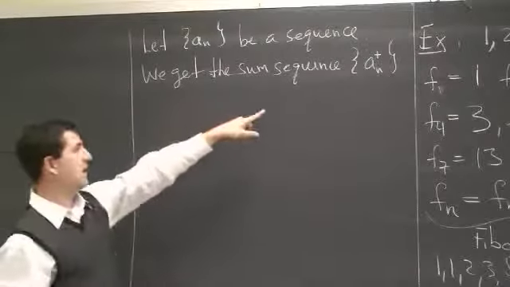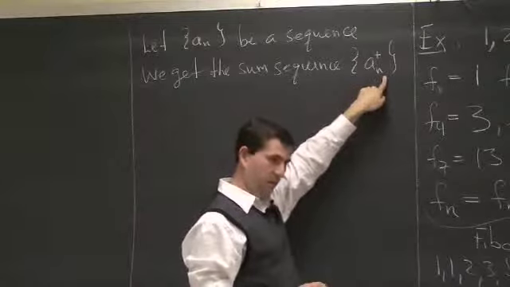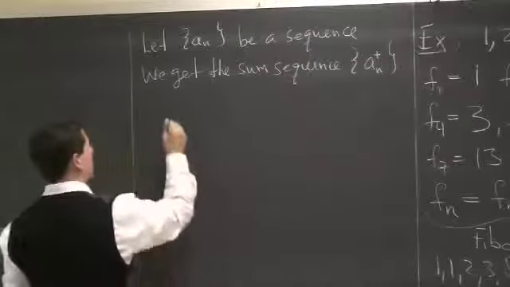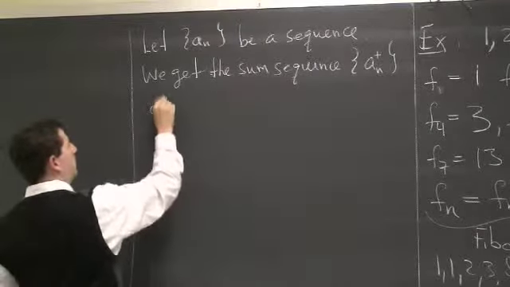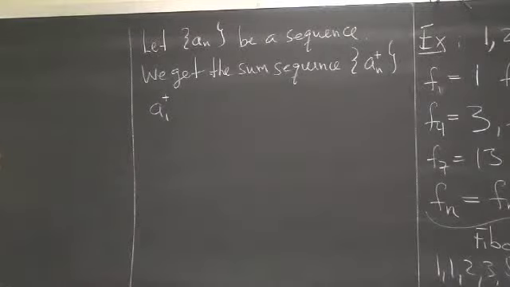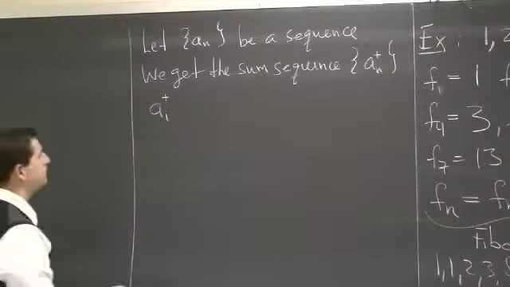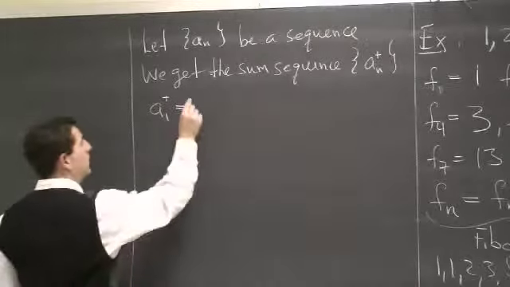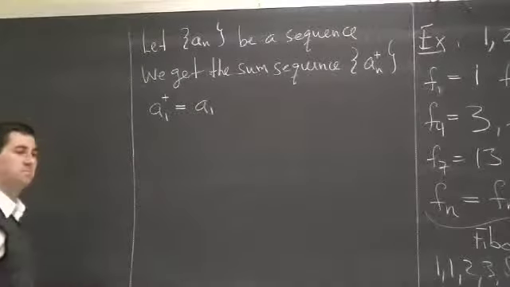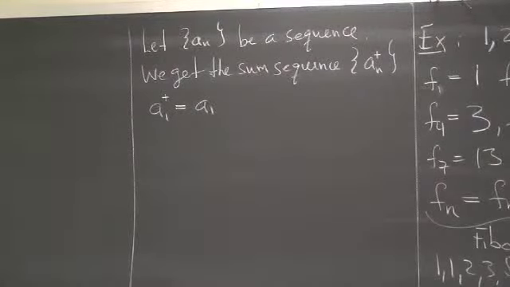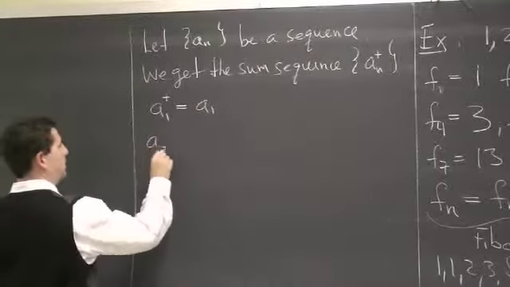Now, this is absolutely useless to you because I didn't tell you what the sequence is. So what is it? Well, let me tell you them term by term. What's A1 plus going to be? A1 plus is going to be A1. It's the exact same number. What about A2 plus?